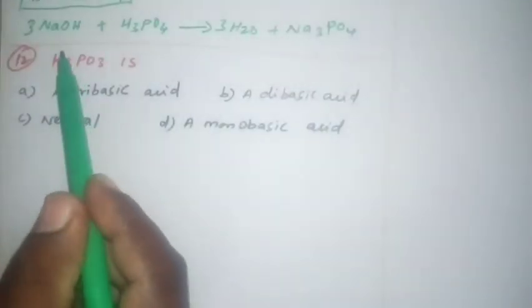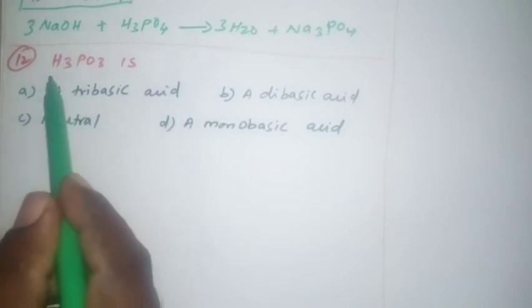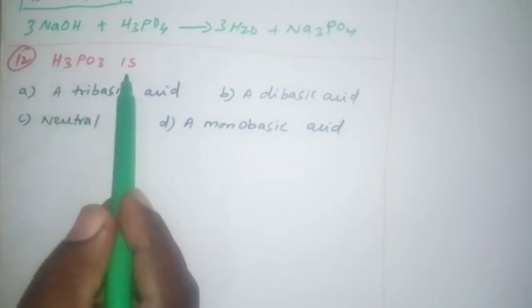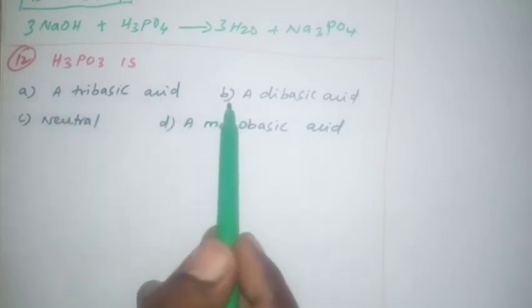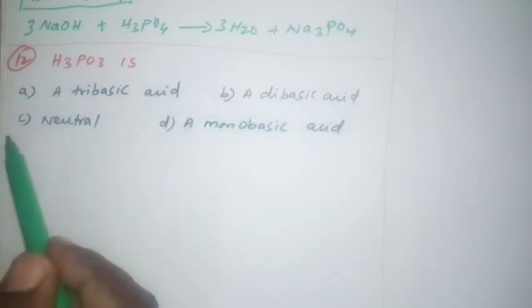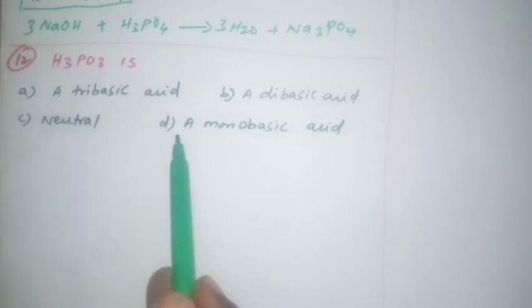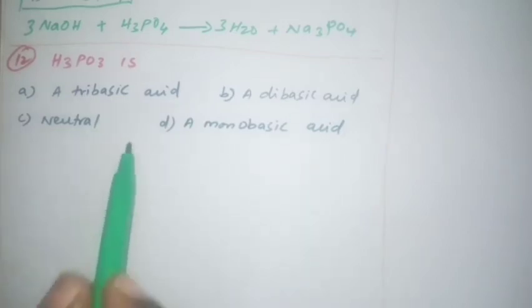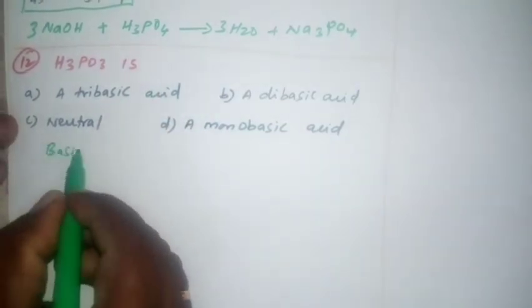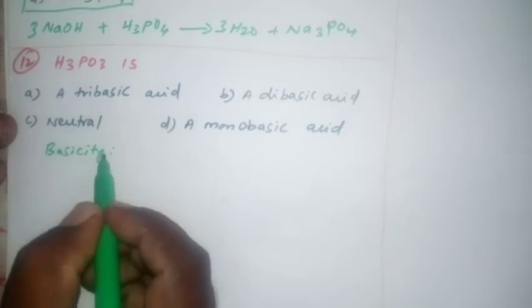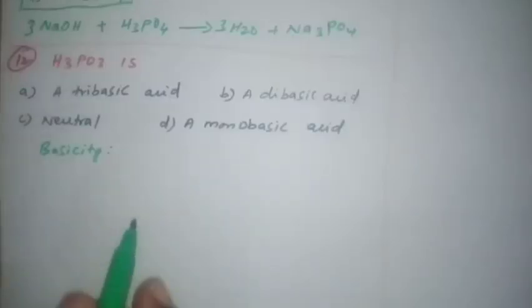So now question number 12. H3PO3 is option A a tribasic acid, option B a dibasic acid, option C neutral, option D a monobasic acid. To find out the basicity, we already discussed this type of question in question number 1.